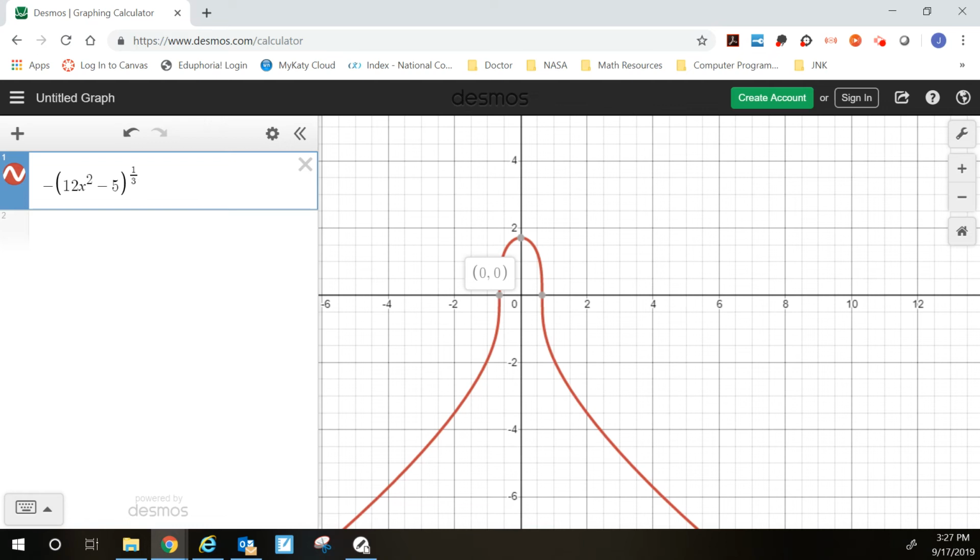That looks really cool. So looking at this graph, why is that saying that's 0, 0? That's not 0, 0. There you go. Those are our points of interest. Looking at this graph, what does it look like the domain and the range of this guy is? This is, by the way, not something I expect you to be able to graph by hand for sure.